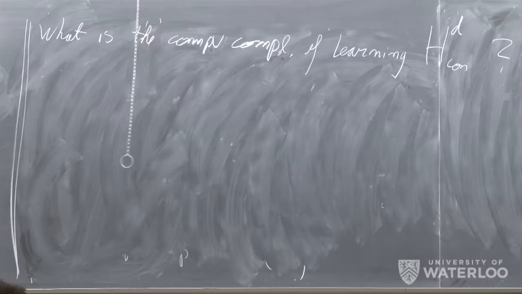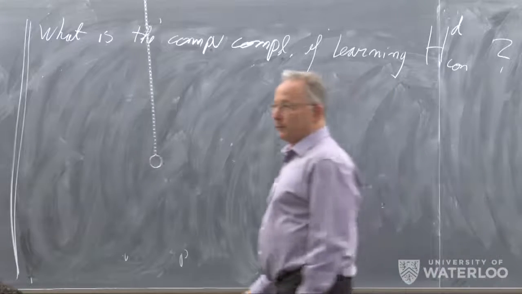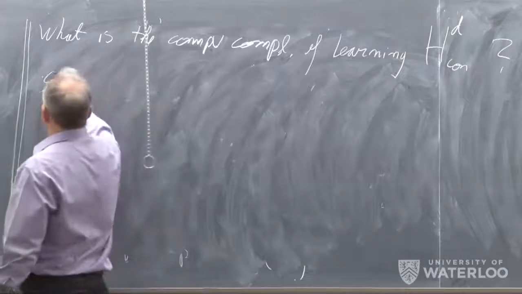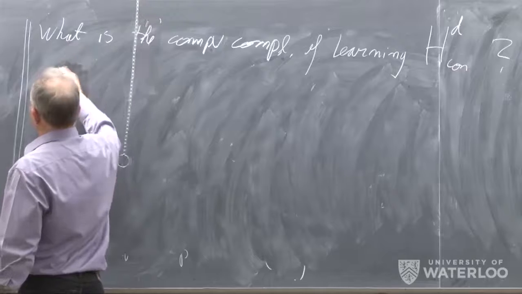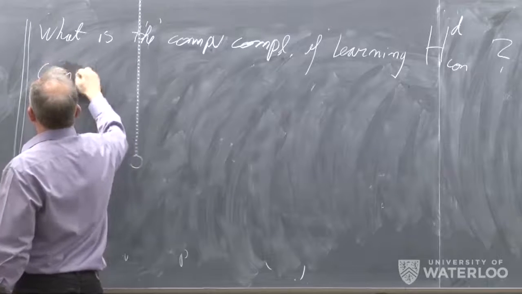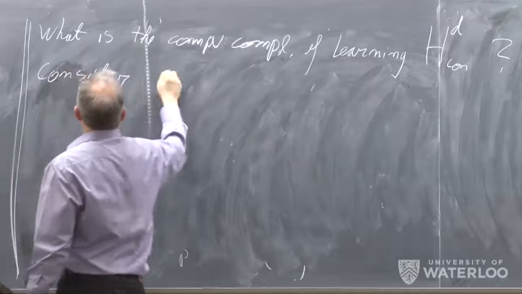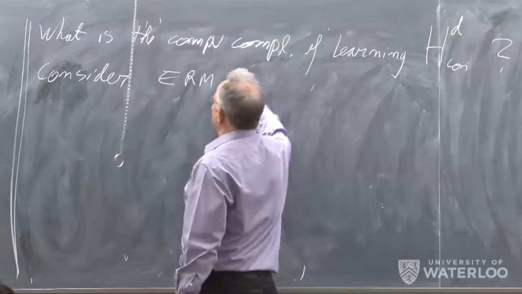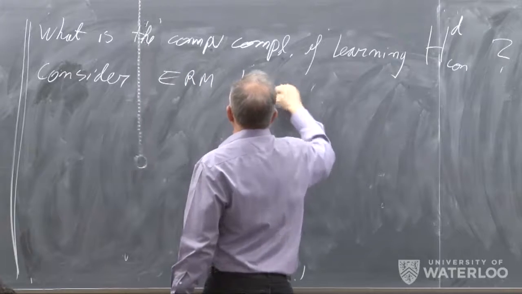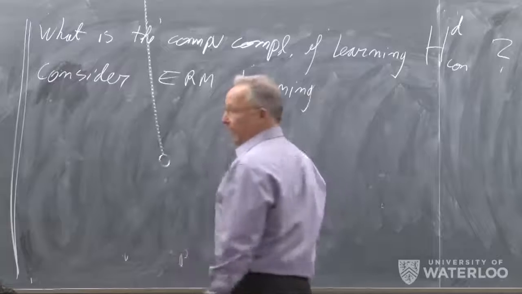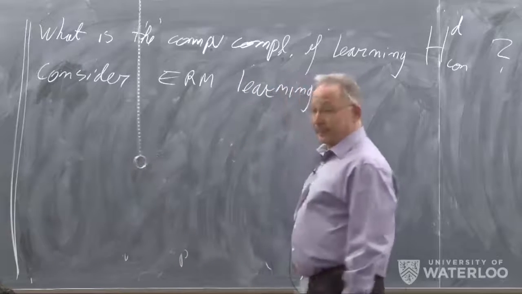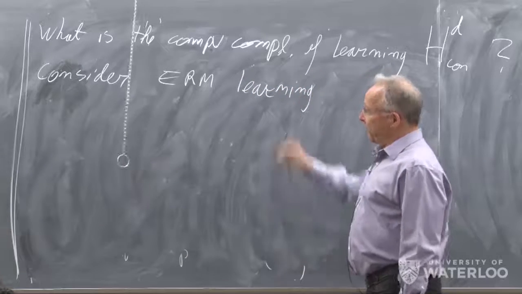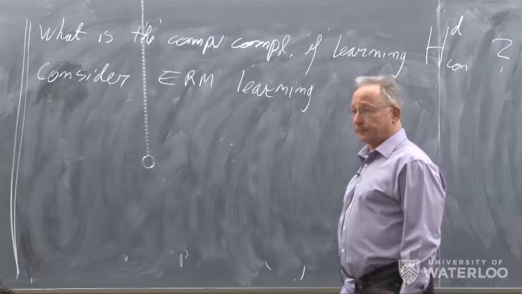We're going to do the same two steps. Step one, I want to estimate the sample size that I'm going to need. So step 1, we're going to consider ERM learning. We will later see that sometimes we can get better algorithms than ERM in terms of the time complexity. But for now, we are considering ERM learning.